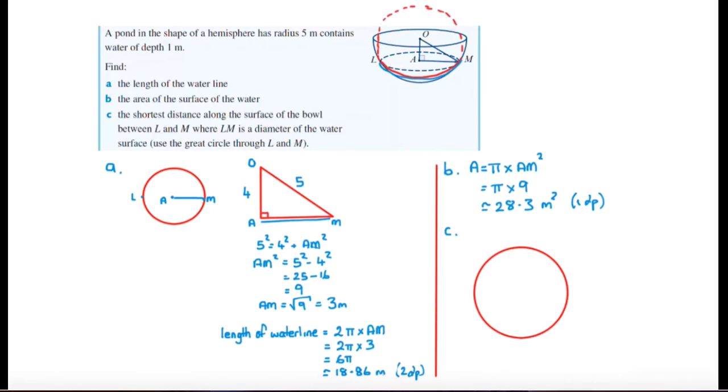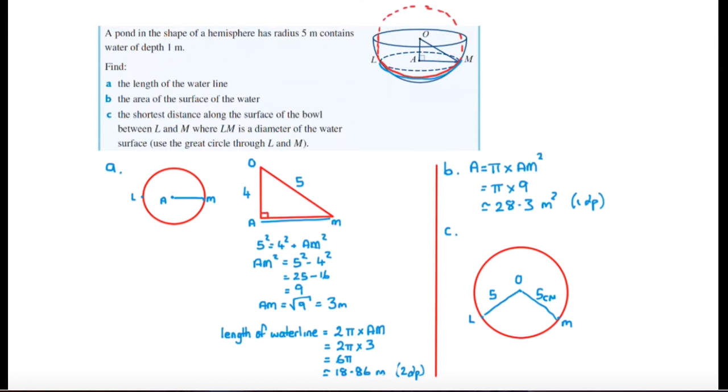So here is that great circle, and the points L and M will be in this approximate location. The centre of the sphere is here, and we have a radius from O out to M of 5, and from O to L is also a radius.